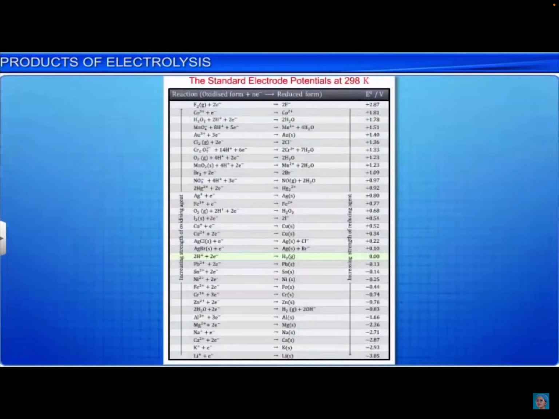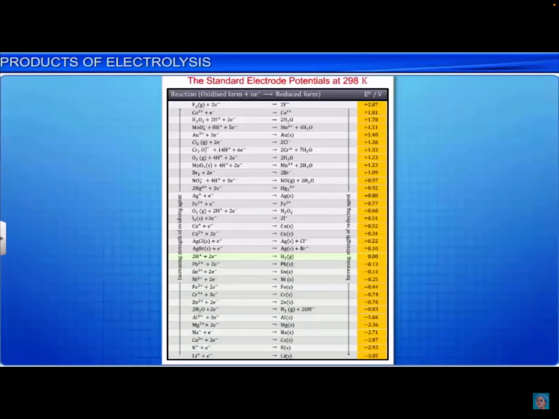The ability of a cation to be reduced or an anion to be oxidized not only depends on their standard reduction potentials, but also on their concentrations. Hence, to account for the effects of concentration, the standard electrode potentials are replaced by the electrode potentials given by the Nernst equation.